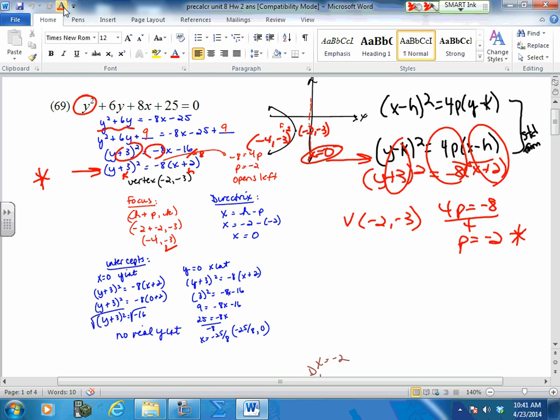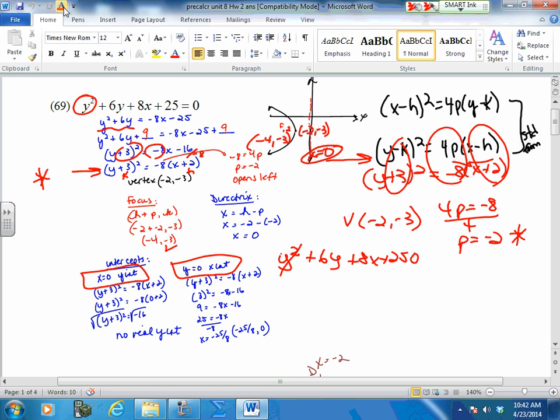Now, your intercepts. Donovan's favorite part. When x is equal to 0, when y is equal to 0. Now, I use this form both times. But, like I said before, if you're doing y equals 0, this one might be easier. It's up to you.